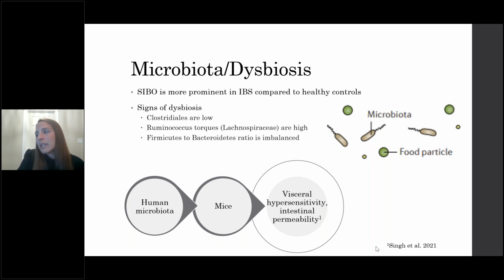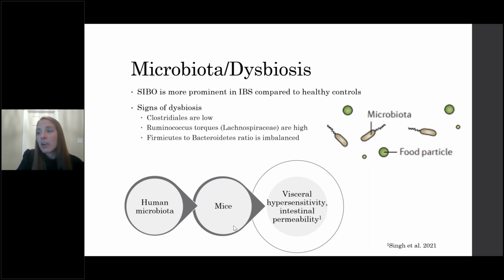But I also wanted to mention one really interesting study that was just published 2 years ago, where the researchers took the human microbiota from patients with IBS and put the microbiota into a sterile gastrointestinal tract of mice.